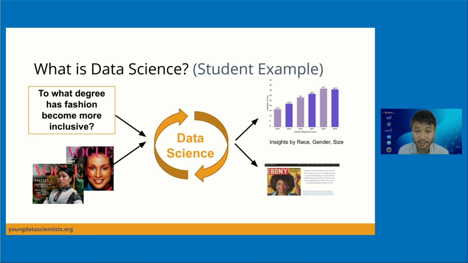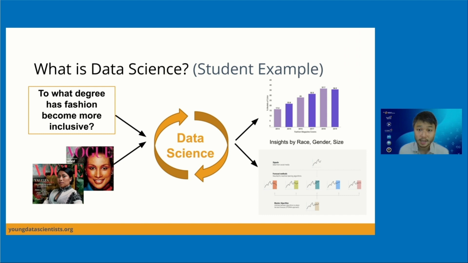In this particular case, the students built a website that could visualize the data, but one could even imagine that if given more time, the students could fit a model looking at these particular magazines and predicting future trends if they were to project their projections into the future.